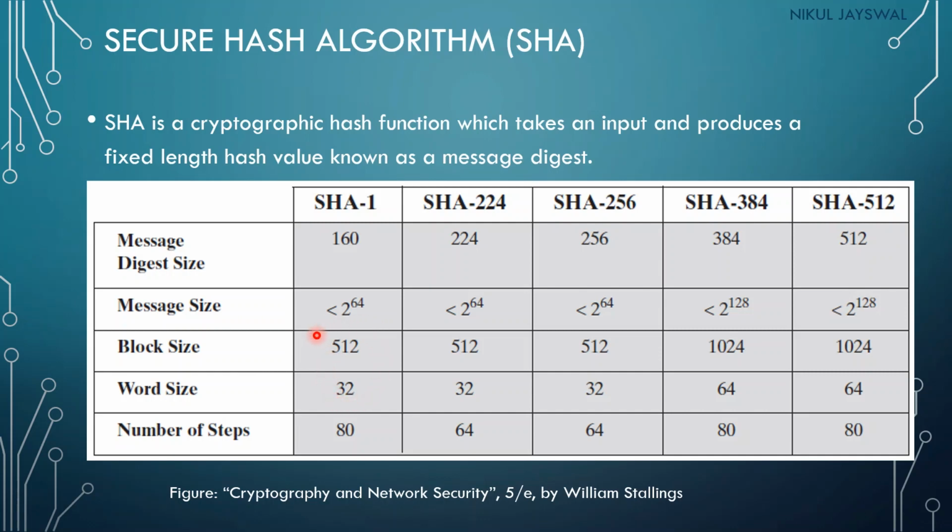That means this 512 bit block will be divided into words of 32 bits, and for those words 80 operations will be performed. So the number of steps is 80, and the final output of the 80 steps will be the input of the second block. Clear? So these are the properties of the SHA-1 algorithm.